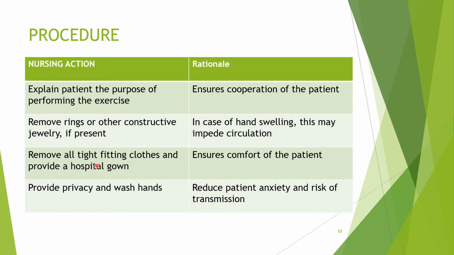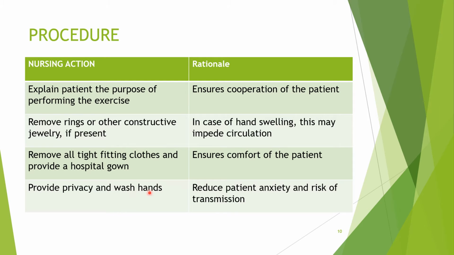And remove all tight fitting clothes and provide a hospital gown, because tight fitting clothes can cause impaired blood circulation. The blood cannot reach the vital organs. So tight fitting clothes are removed and a hospital gown is provided to ensure the comfort of the patient.